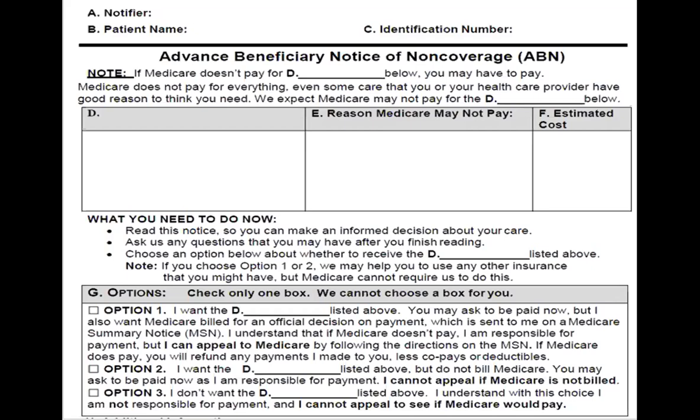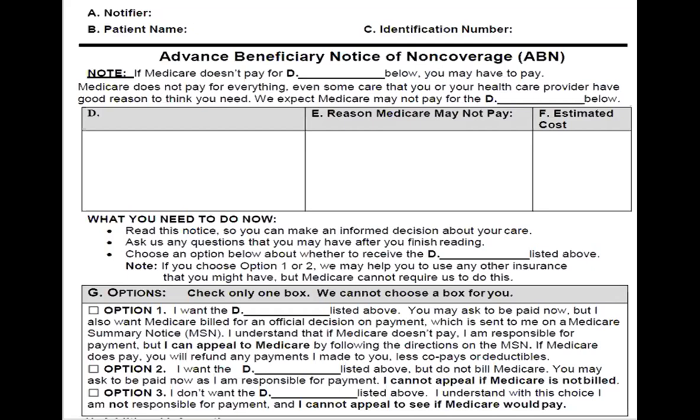In those situations, we give the patient before, emphasis on before the service is rendered, an advance beneficiary notice. In this advance beneficiary notice, we are telling the patient, hey patient, Medicare may not pay for CPT code, blah, blah, blah.